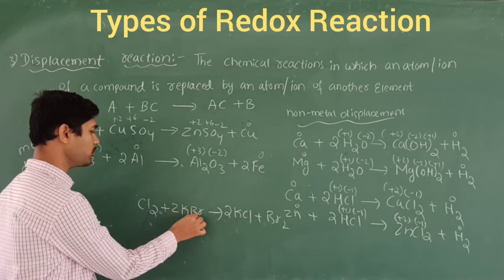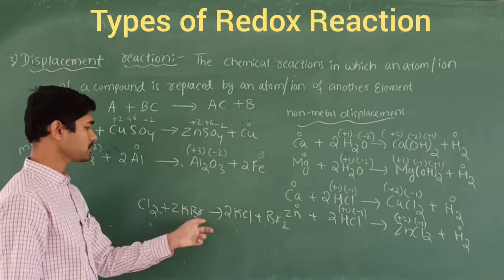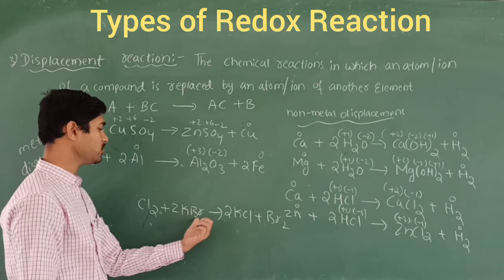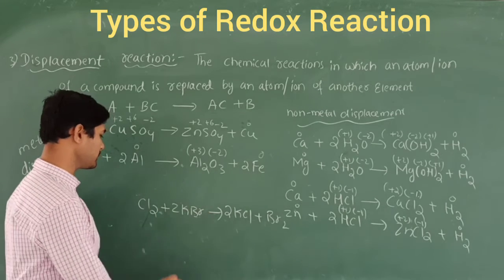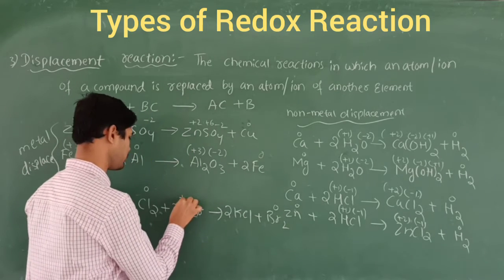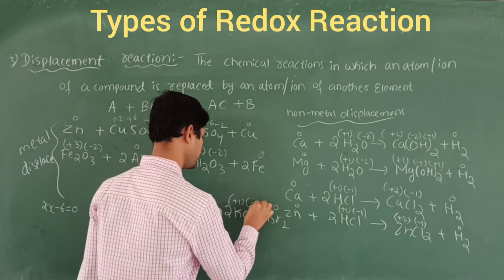So here the bromine is going to be eliminated from this compound. This also comes under non-metal displacement, where a halogen is displaced from its compound. So this will be 0, this will be 0, then +1, -1, +1, -1.